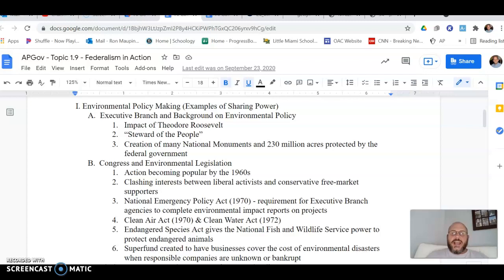Superfund is a government agency that is responsible for having businesses basically pay in to this fund that is responsible for covering the costs of cleanup for these major environmental disasters, so that these things can be addressed. Environmental disasters that are not addressed can have even greater negative consequences.